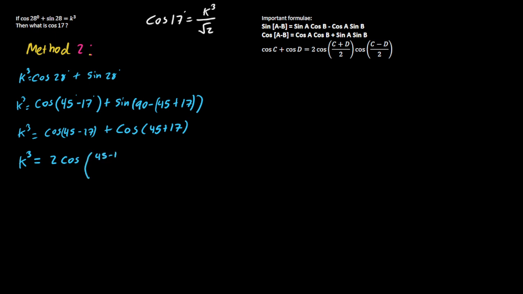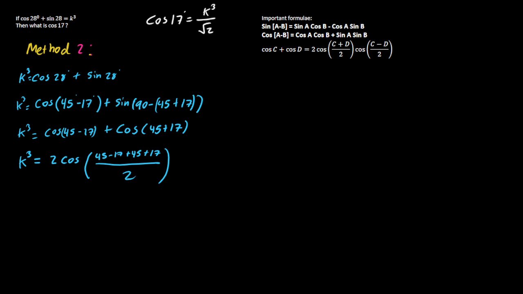45 minus 17 plus 45 plus 17 over 2. Now what I've done is basic. We know that this is C, 45 minus 17, and this is D, 45 plus 17. Now what you have to do is C plus D over 2. So this is just C plus D all over 2. So if you don't understand, there you go.